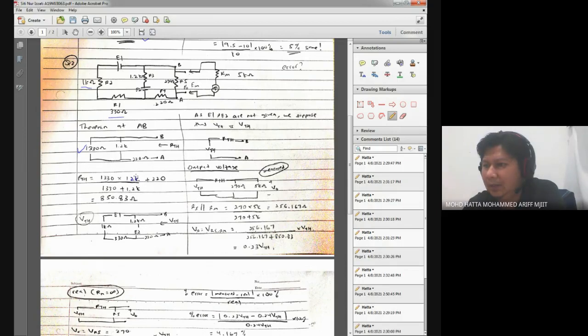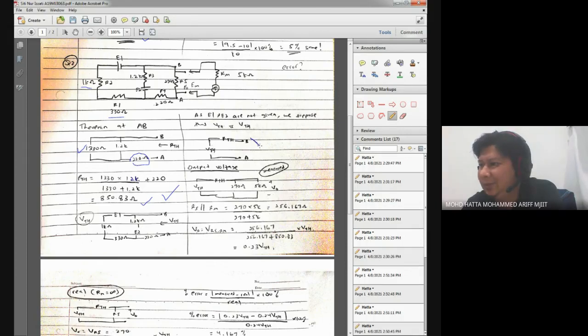I don't know the value of the parallel resistor, but supposedly it should be 630. I think this is also correct because later on she puts it in series with this 220 ohm resistor. Okay, now finding the RTH. I think this is correct, and we have VTH over here and RTH.